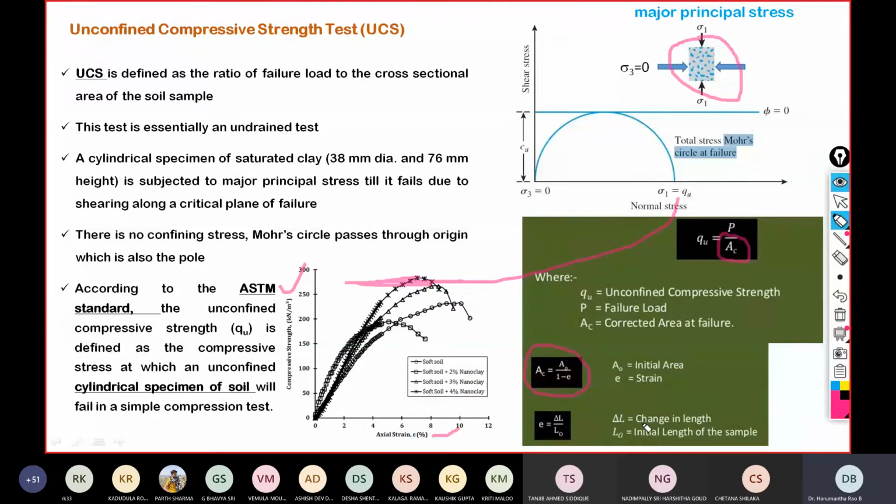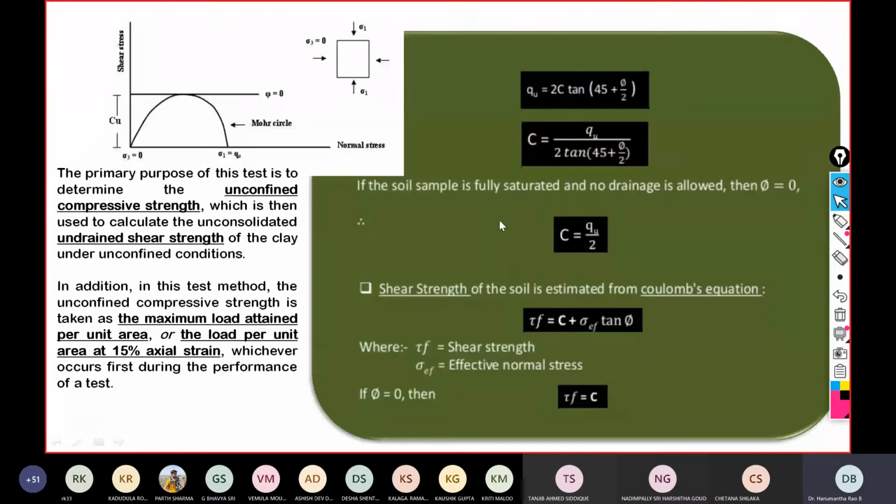Now I know the corrected area, and I know how much load is applied, so P divided by Ac will give you the unconfined compressive strength. In fact, the qu can be determined at the peak. So this is also a relationship. Normally, the unconfined compressive strength test is conducted on a fully saturated soil sample with no drainage allowed.